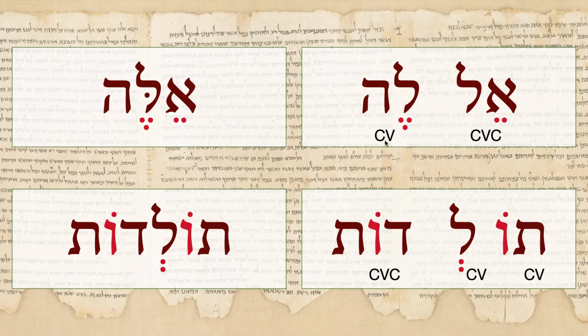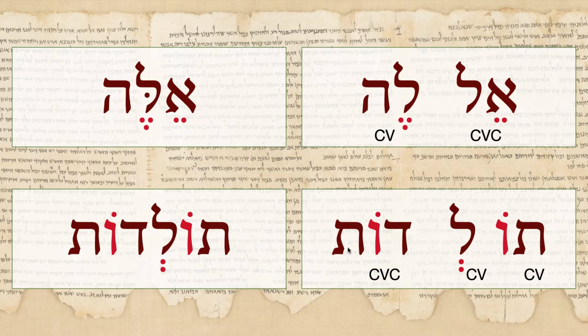Whereas in the case of le, the letter lamed with a segol is consonant and vowel, and the letter he is silent here, and so it is an open syllable.